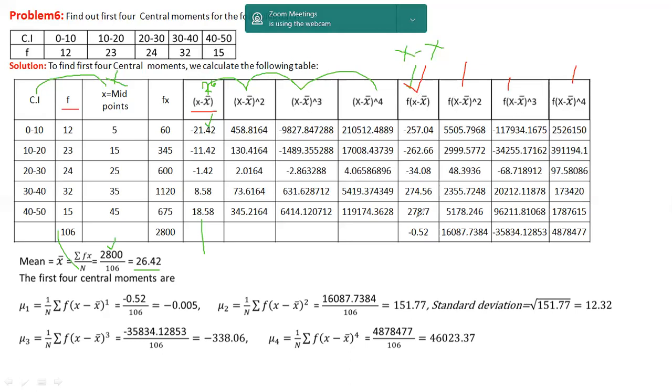Once we get these columns, we take the addition and find the sum of each column: the first column sum, the second, third, and fourth column sums.